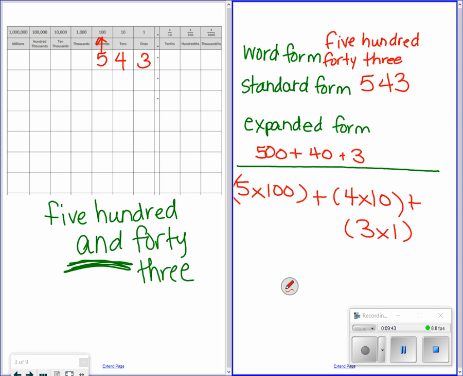So if you got this on your problem set, it would look like 5 times 100 plus 4 times 10 plus 3 times 1. I hate that, because see how it looks all cluttered and messy? So all I do is I go back in with my pencil and I find the plus signs and I go parentheses, parentheses, parentheses.